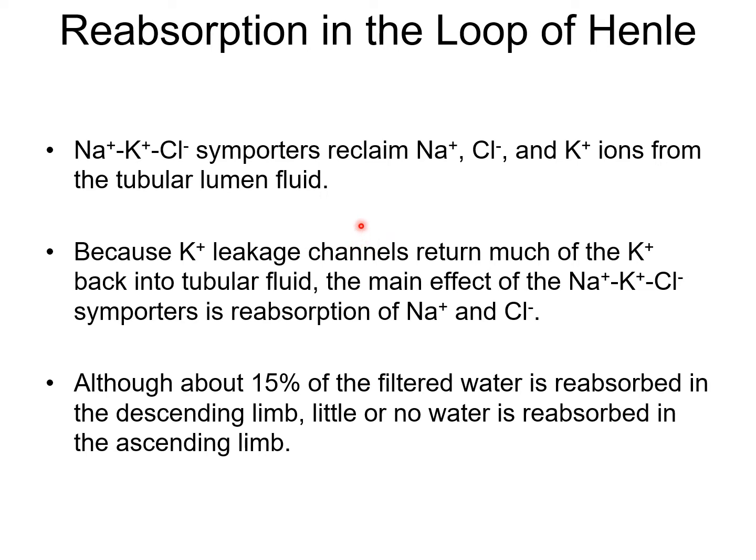So in the descending and ascending limbs of the loop of Henle, we see sodium pumping, and as a consequence of that, sodium, potassium, and chloride symporters reabsorb sodium and chloride mostly, from the filtrate into the blood.